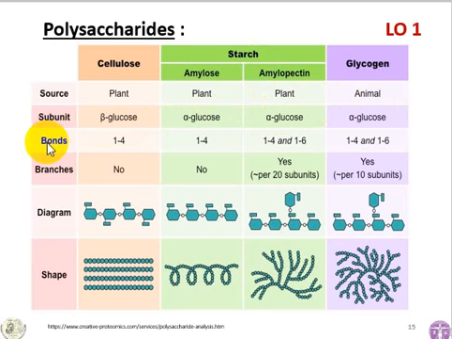Regarding the bonds, in the cellulose and the amylose, the bond is 1,4, which means that carbon atom number 1 is attached to carbon atom number 4.